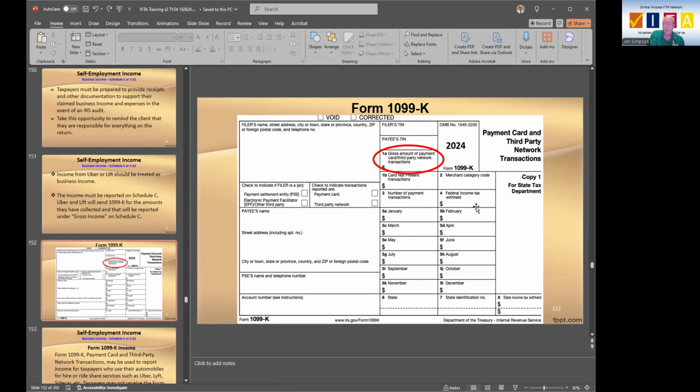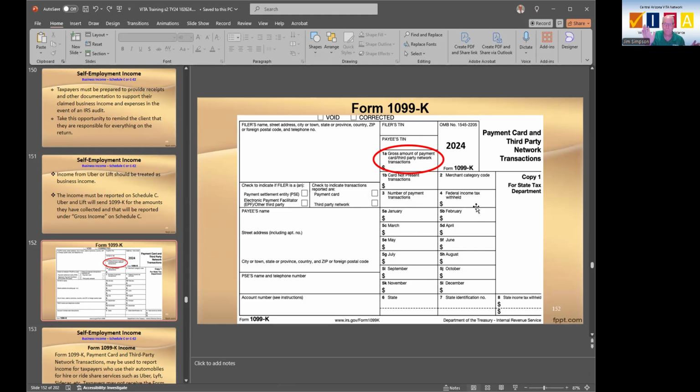Now, the act said, okay, that's too high a threshold, we need to lower this down to $600. And people started realizing, wow, hey man, I Venmo'd my friends to pay for lunch and stuff. And now Venmo's going to be sending them a form saying that they received more than $600, and the IRS is going to think they're in business for themselves.